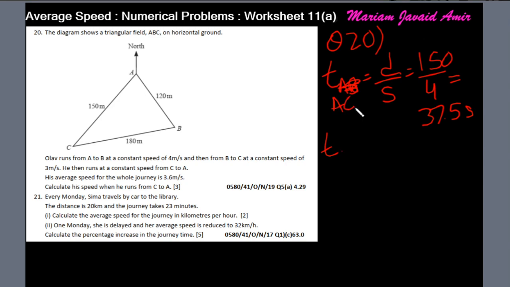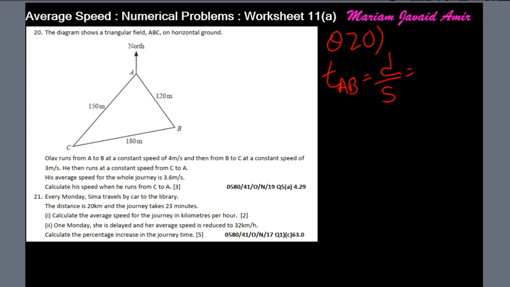Then time from AB is distance over speed. Sorry, this was actually from A to B. But let me redo this question. I've made some mistakes.